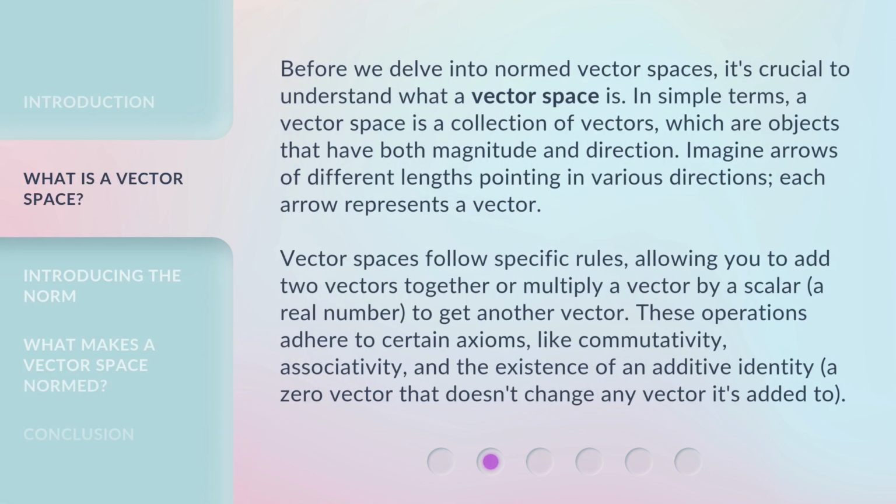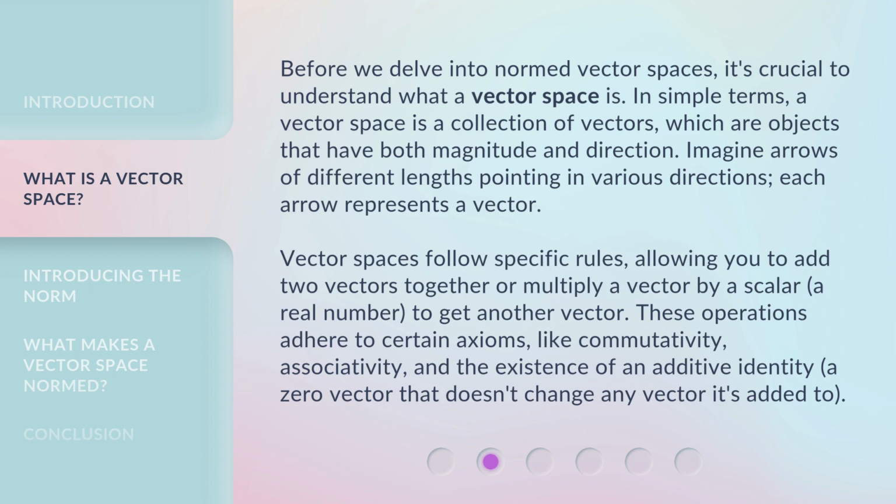Before we delve into normed vector spaces, it's crucial to understand what a vector space is. In simple terms, a vector space is a collection of vectors, which are objects that have both magnitude and direction. Imagine arrows of different lengths pointing in various directions. Each arrow represents a vector.